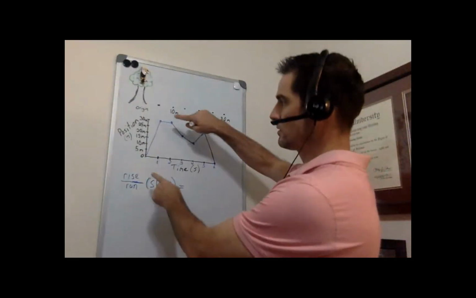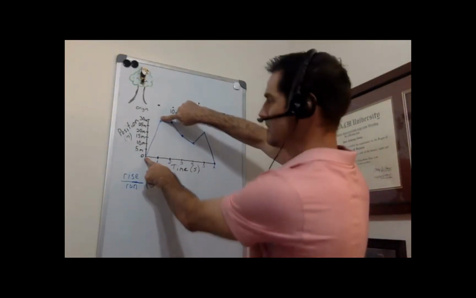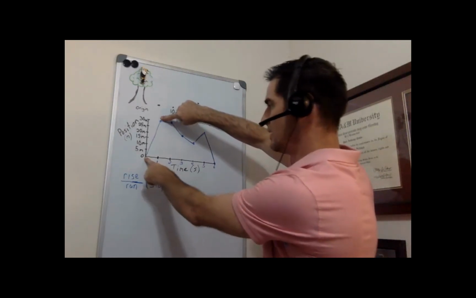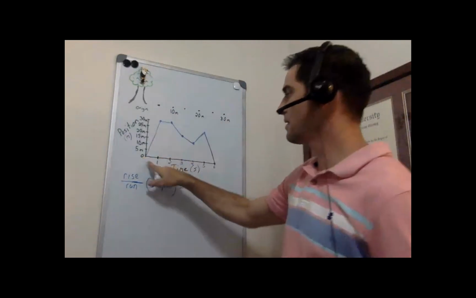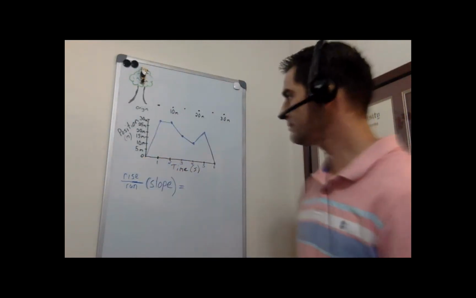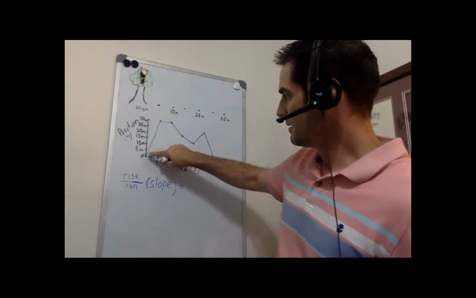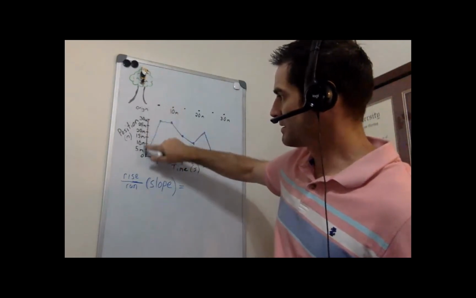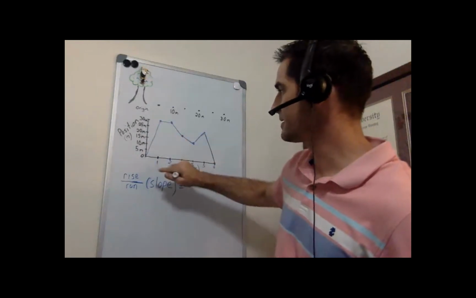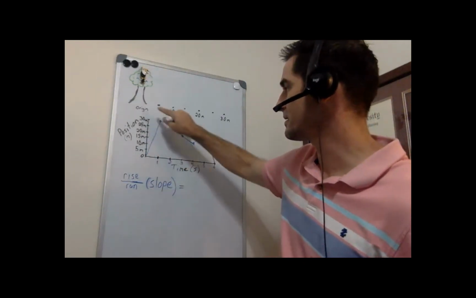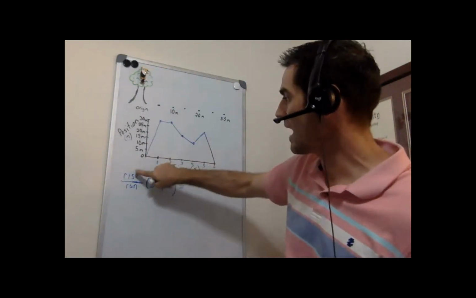Now let's take a closer look at this section of the position time graph, in between seconds 0 and 1. On the y-axis, we have meters. It's distance. So that's rise, right?